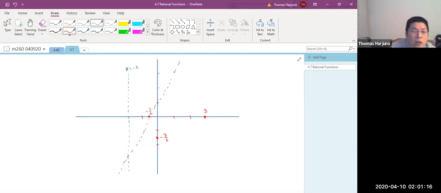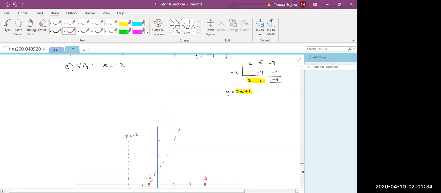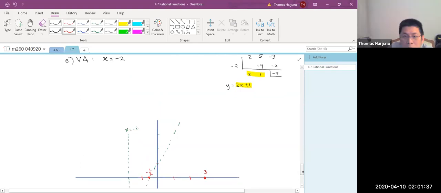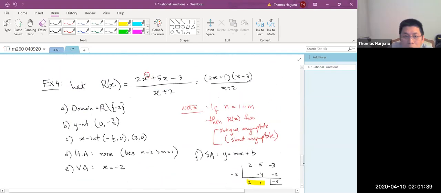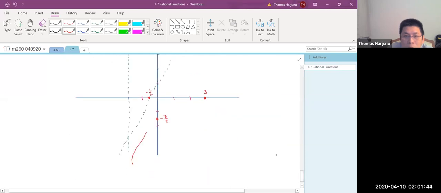Now then, when I sketch the graph later on, you will see it looks like this. It comes from the vertical asymptote here. Hold on. Did I do it right? It's kind of strange because then it looks like this.